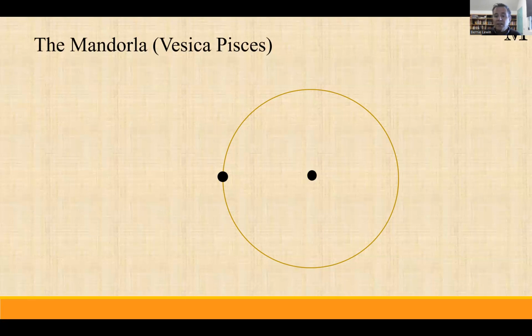So you mark a second point, and then we can think about all the other points equidistant from the first point, and that gives you your first circle.